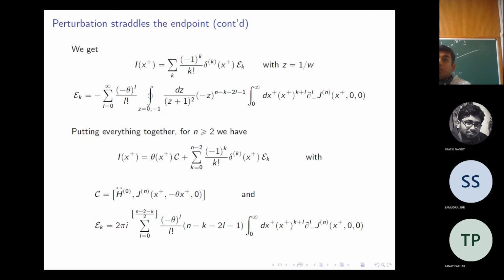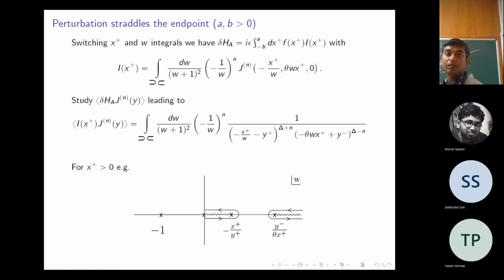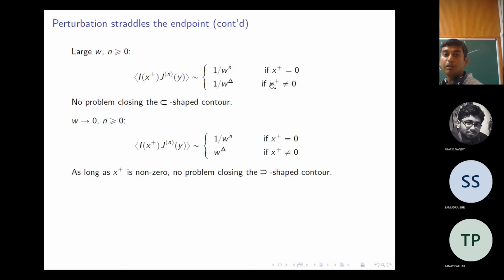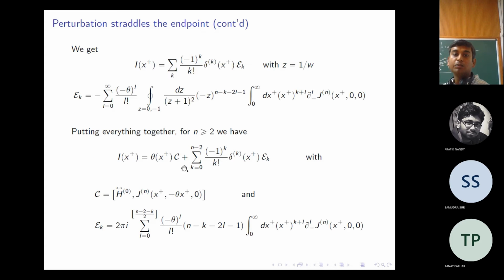Okay. Anyway, putting everything together, the result of this I, this will have some commutator piece and this will have some endpoint piece.